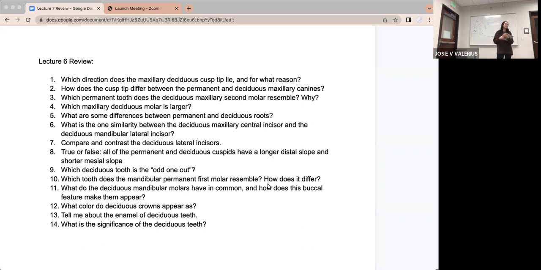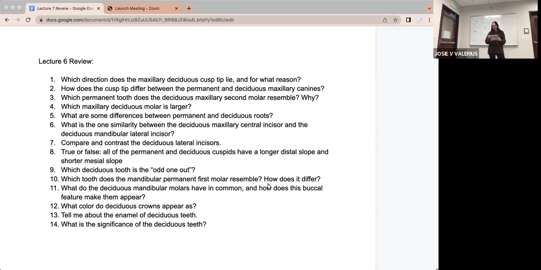Can you repeat which ones are similar? So the deciduous mandibular first molar is the odd one out. And then the permanent maxillary first molar is similar to the deciduous maxillary second molar, which is one of the questions.